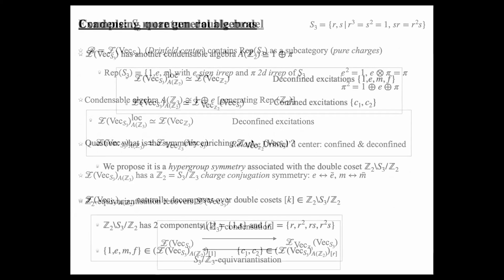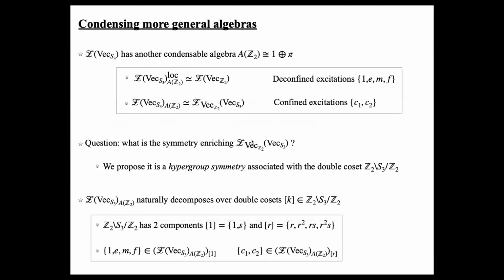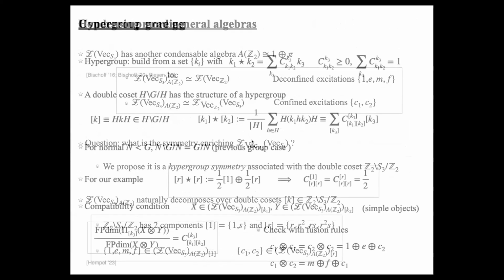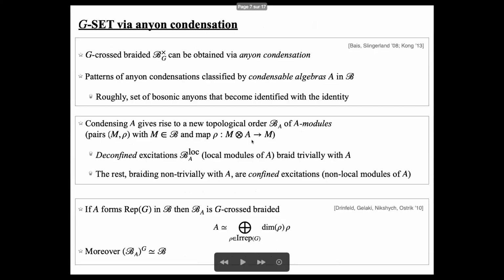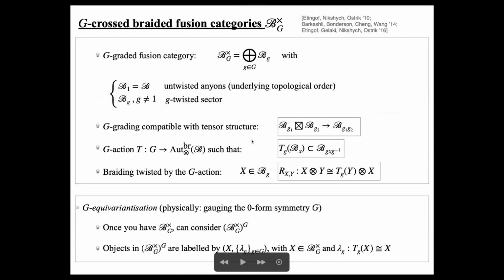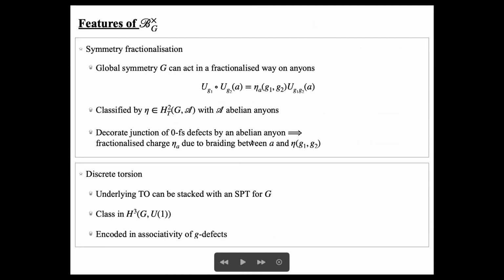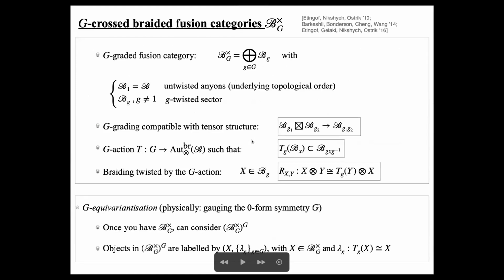Yeah, you're decorating the junction. But importantly, with the braiding, when I braid them, one of the lines crosses the G. Yeah, it's exactly that. You have to imagine that when y passes past the surface, it becomes twisted.